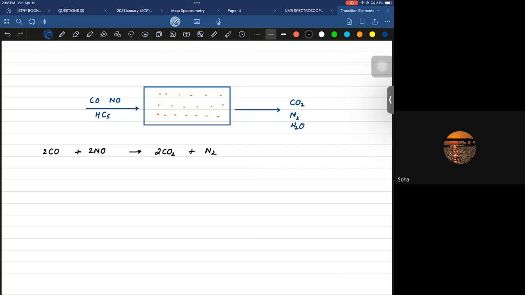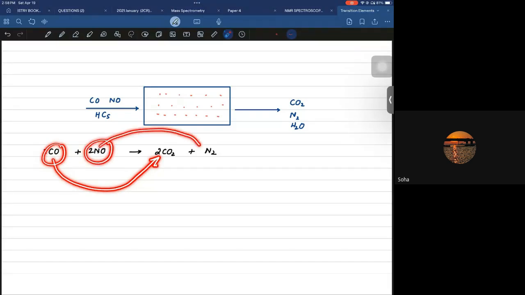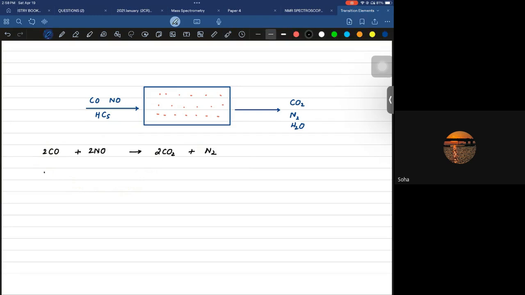CO is oxidized into CO2, and NO is reduced to N2. And then hydrocarbons are going to react with nitrogen monoxide, and they are going to form CO2, H2O, and N2.